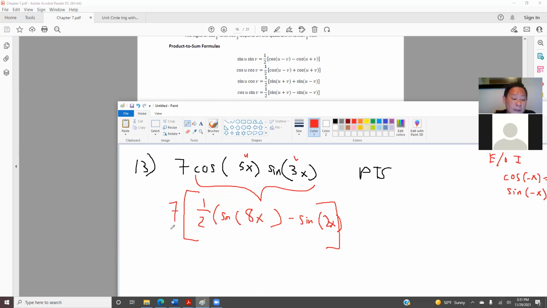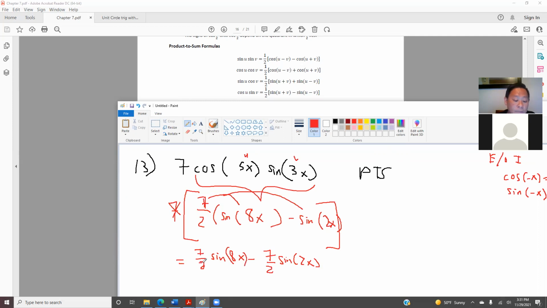So what you do here is multiply the 7 into the half. So you will get 7/2. And then distribute the 7/2 in there. So your answer in this case is 7/2 sine 8x minus 7/2 sine 2x. Make sure you put parentheses on the 8x and the 2x.